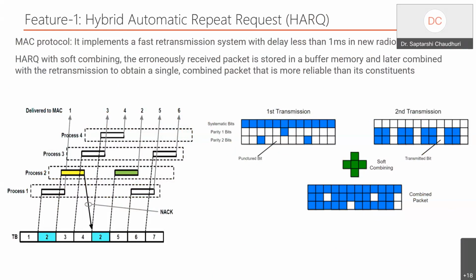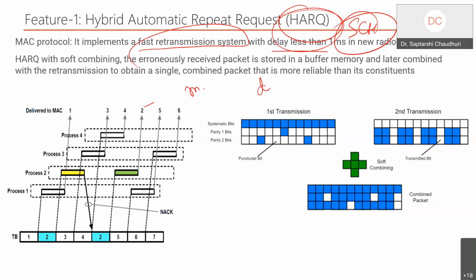Then comes the fact that the MAC entity is told to start handling the hybrid ARQ. This is where the scheduler kicks in to figure out how a fast retransmission scheme can be taken care of with less delay at any point. Because remember, anytime you start doing retransmission, it adds more delay in getting the same packet.